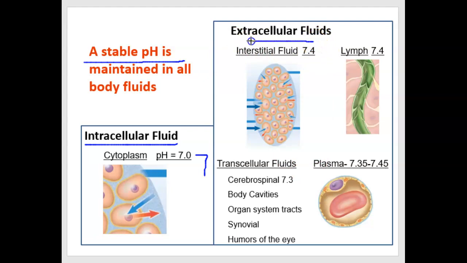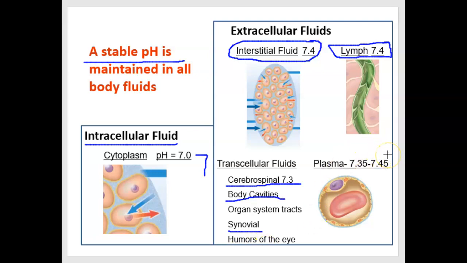So the fluid found in between cells, or interstitial fluid, has a pH of around 7.4, as does lymphatic fluid or lymph. Cerebral spinal fluid is slightly more acidic, but there's a certain pH for even the fluid in body cavities, synovial fluid in our joints, and the aqueous humor in the eye.